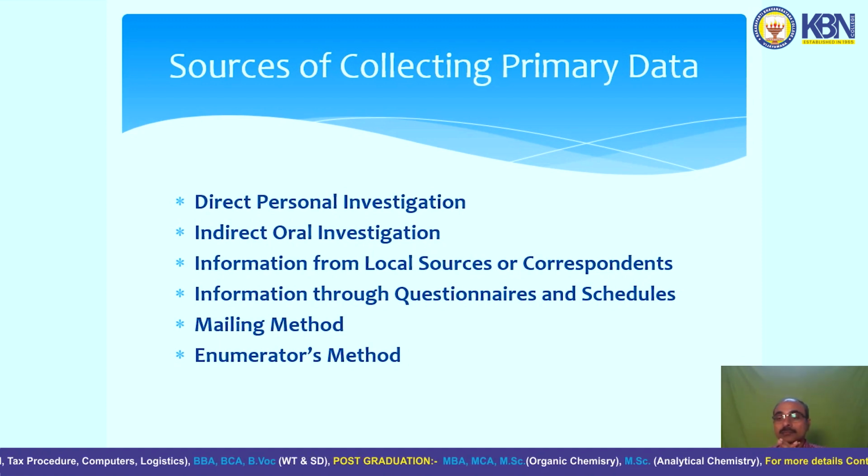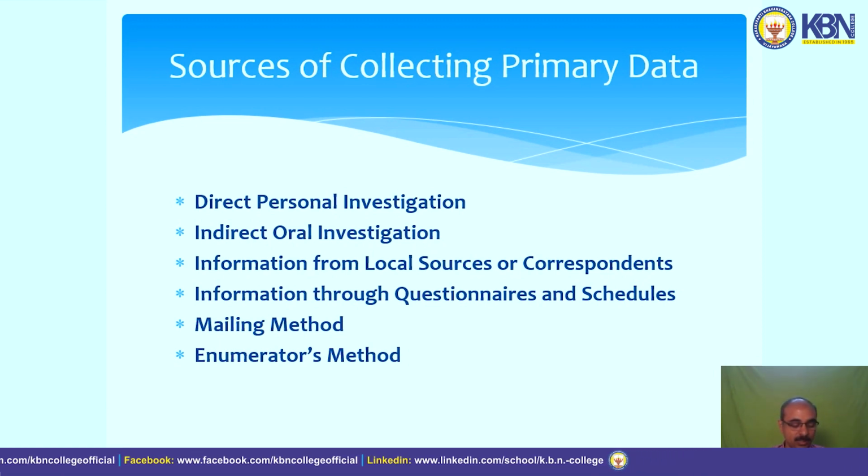If you go to a house, we collect information from the housewife about her husband, his employment, his income, and her children, what they are studying. This information relates not to her but to her husband, but we have collected it from another person. Similarly, for employees in an organization, we collect the data from the owner or employer of that organization.